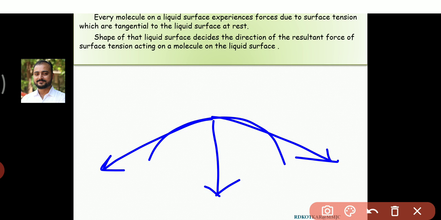So what is the statement here? The shape of the meniscus of the liquid surface decides the direction of the resultant force of surface tension acting on the molecule of the liquid surface.